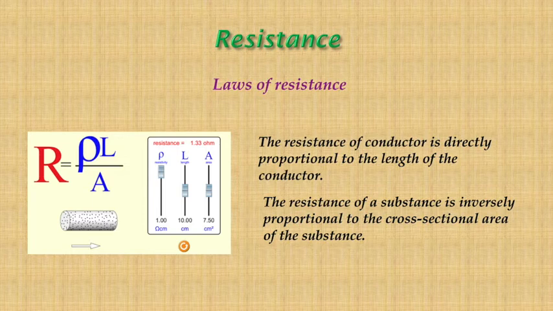Laws of resistance. The resistance of a conductor is directly proportional to the length of the conductor. Then we can write R proportional to L. The resistance of a substance is inversely proportional to the cross-sectional area of the substance.